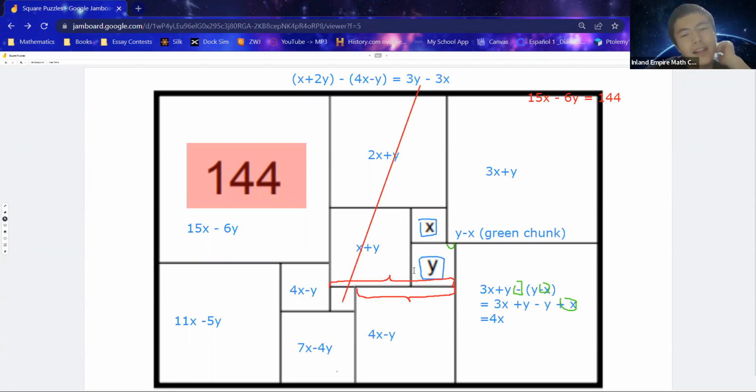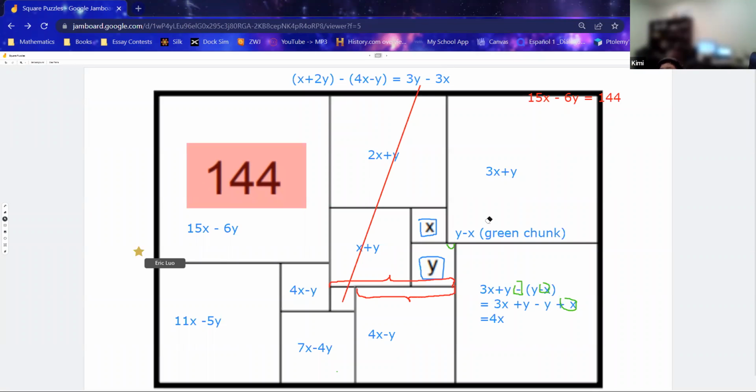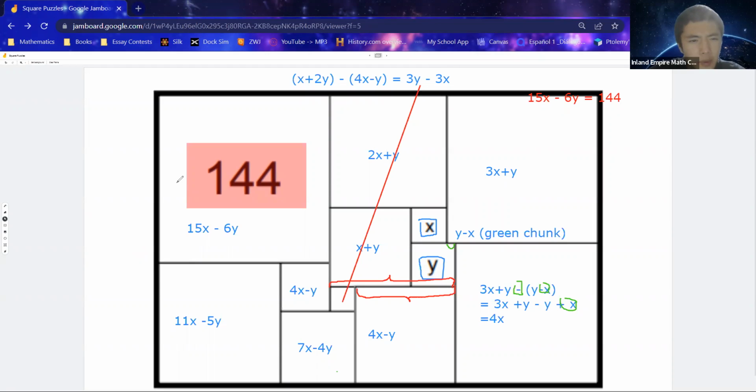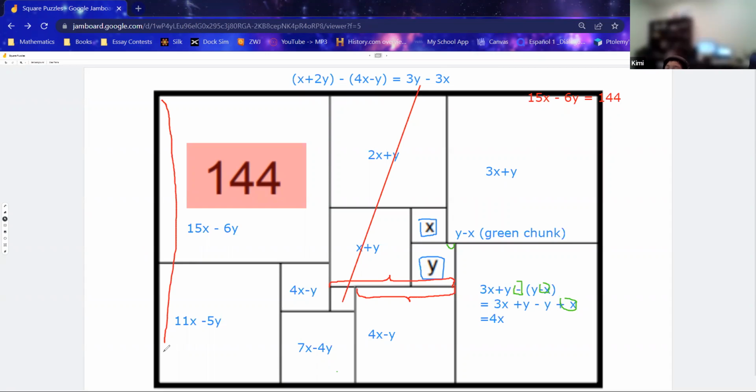I mean, how did we get an equation last time on the other puzzle? Remember how we said that since it's a rectangle, the side lengths on opposite sides have to be equal, right? Oh, which means right now we calculate the outside of it. Right. So maybe the outside is 15x.